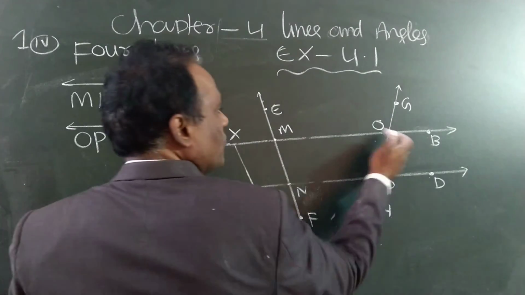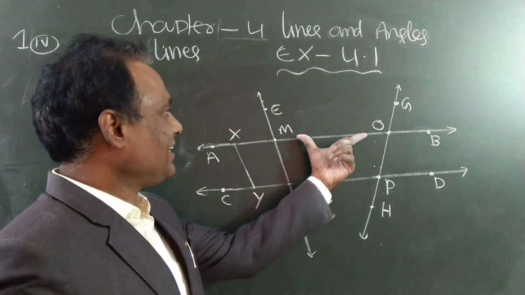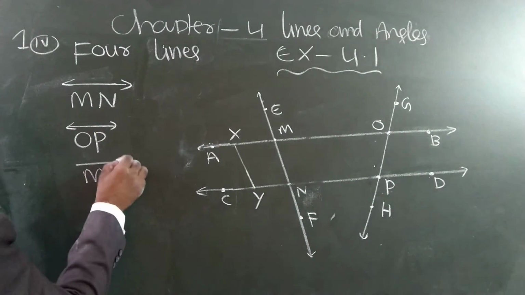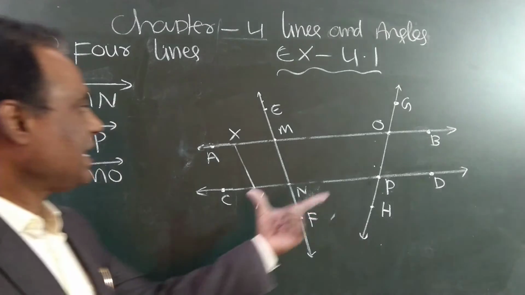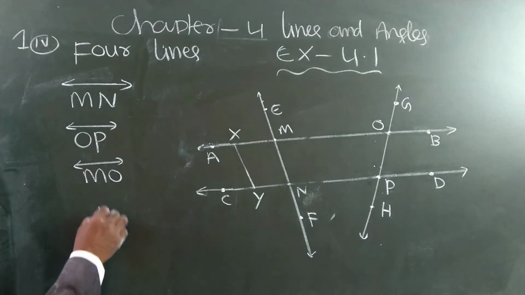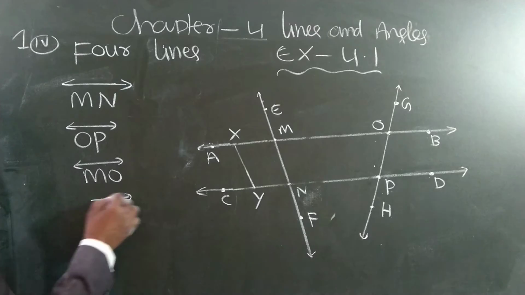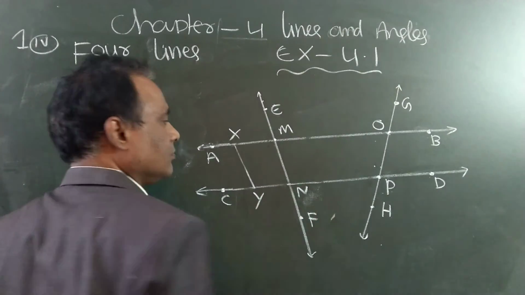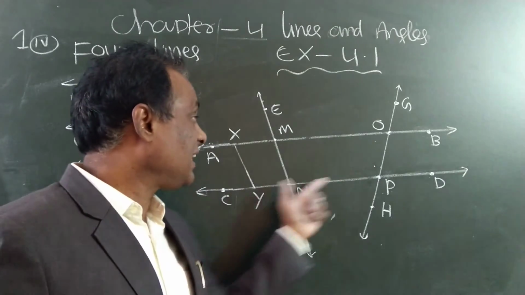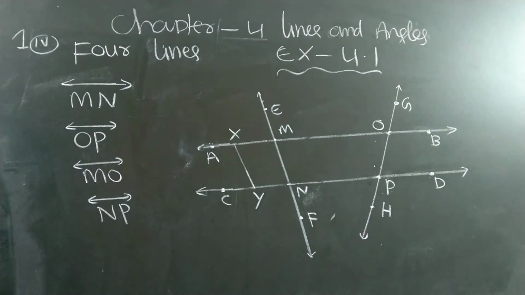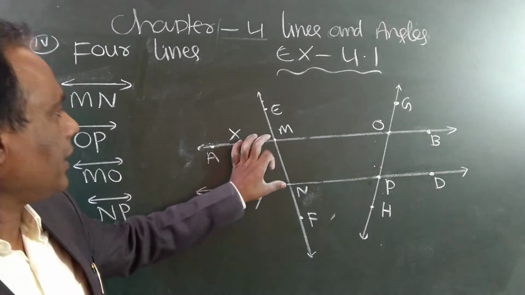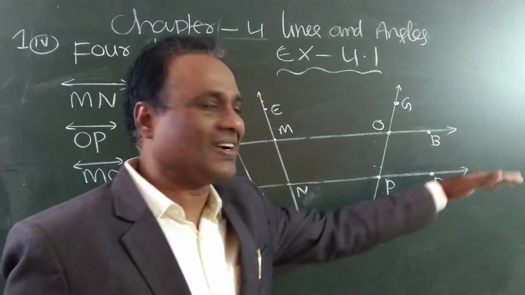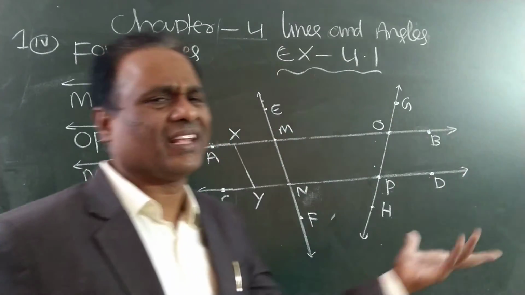Students, MO line. NP line. MN line, OP line, NP line, third line, MO line, 4 lines, over.